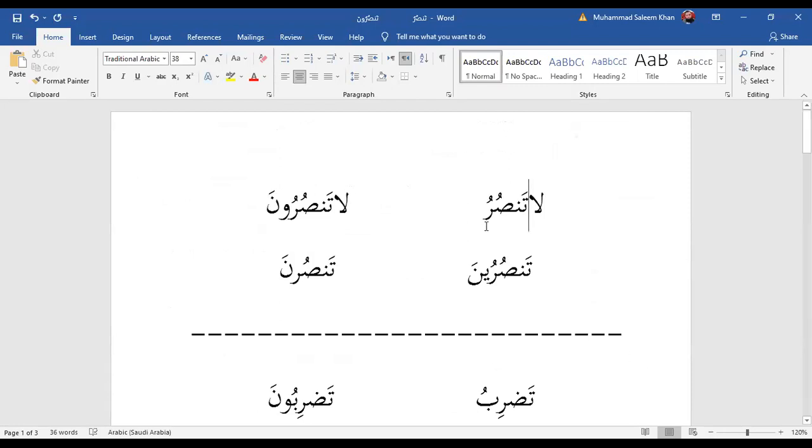And then what will we do? The ending, remove the dhamma, so we will say la tansur, you don't help. You want to say don't help Zaid. So what will we say? La tansur Zaidan. Excellent.